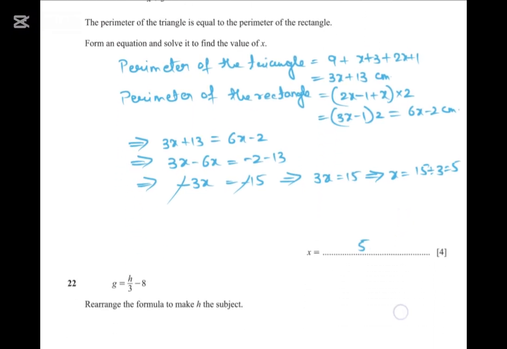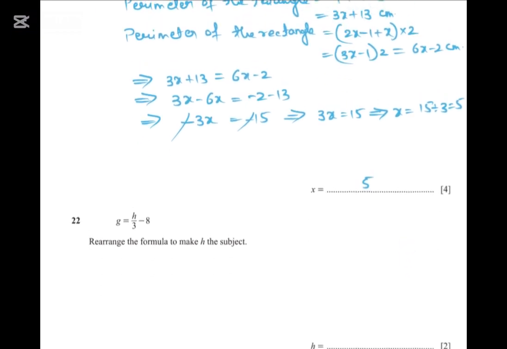Question number 22. g is equal to h by 3 minus 8. Rearrange the formula to make h the subject. For this you have to interchange the left hand and right hand side. So I'll write h on the left hand side and g on the right hand side.